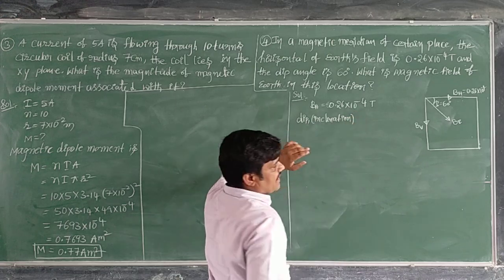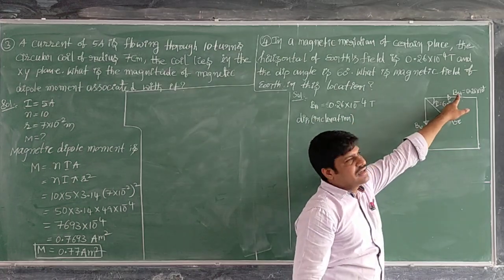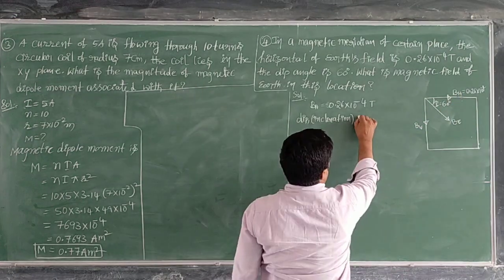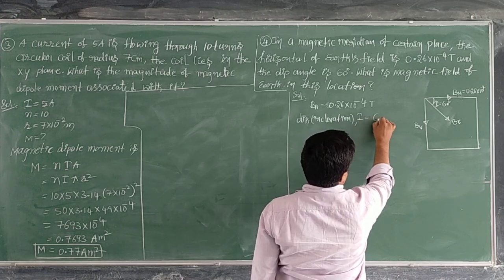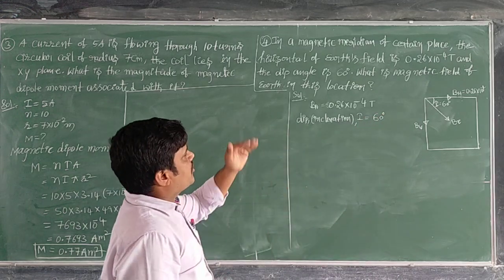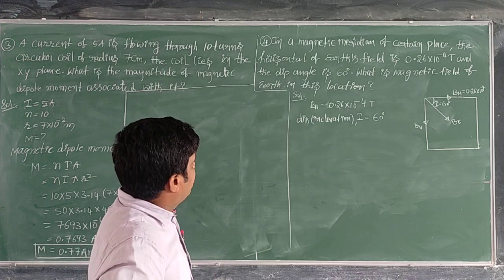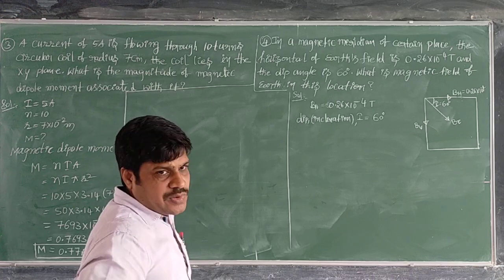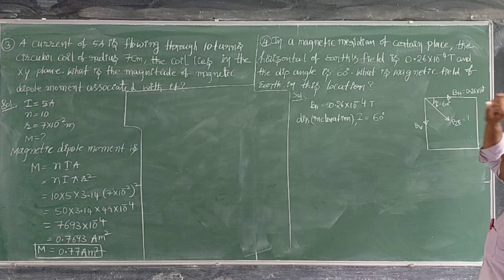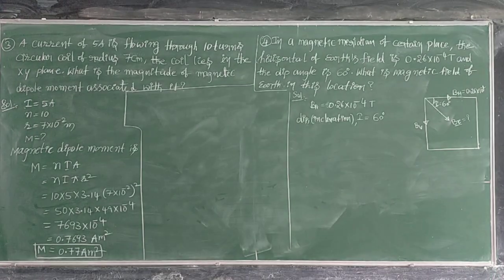Inclination is nothing but the angle between the total magnetic field of Earth and the horizontal component of Earth's magnetic field. That angle of inclination is how many degrees they have given? 60 degrees they have given. So the question is, what is the magnetic field of Earth in this location? That is what we have to find out.